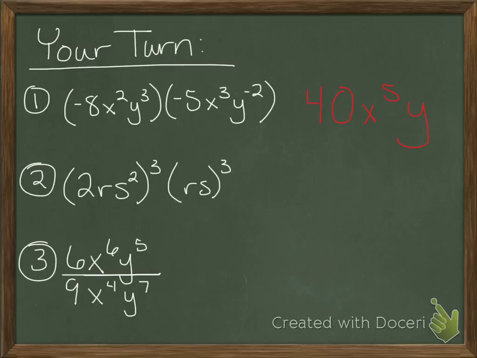Answer to number 2, you should have gotten 8, r to the 6th, s to the 9th. And then answer for number 3, 6 over 9 reduces to be 2 over 3. And then x squared in the numerator, y squared left in your denominator. So if you got those right, then you are good to go.